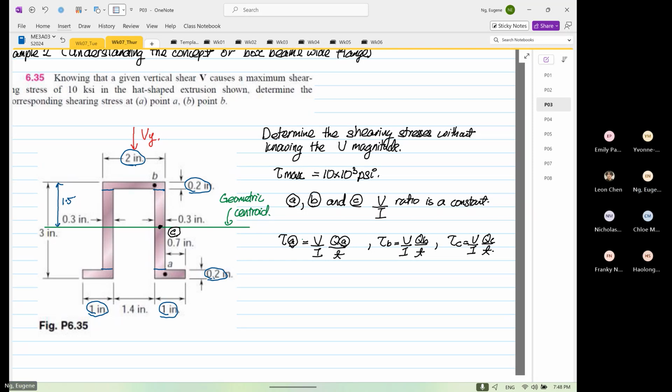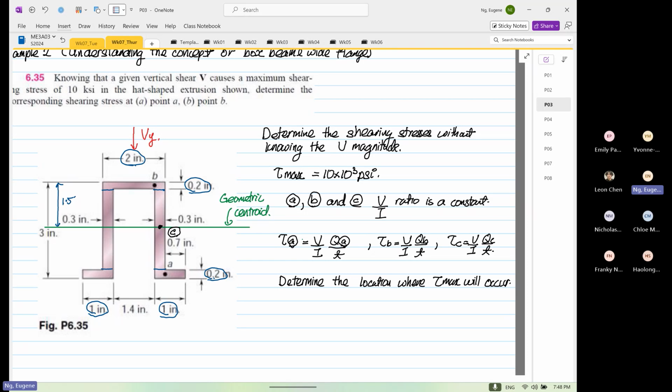right? So what we have to determine now is the location where tau max will occur. Okay, so this is the first thing that we have to do.